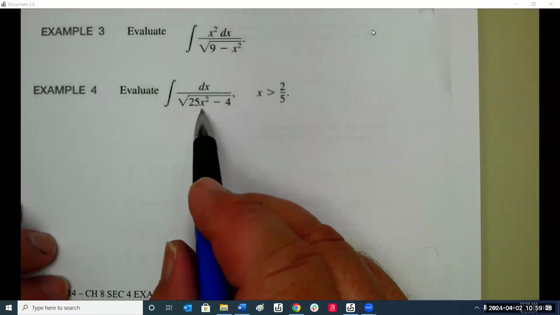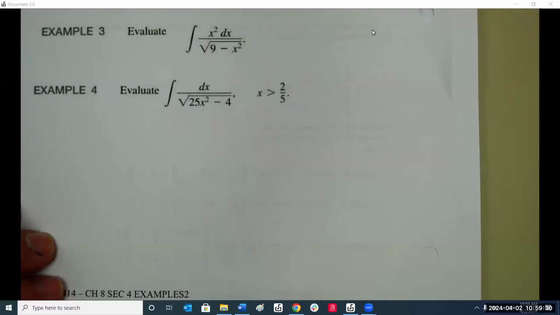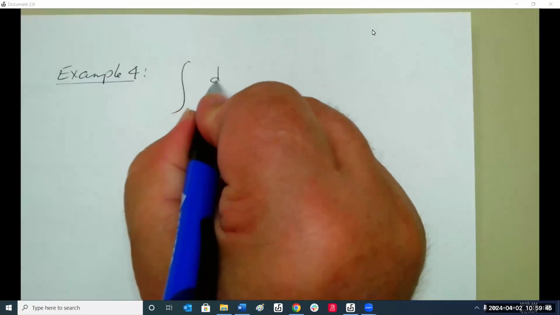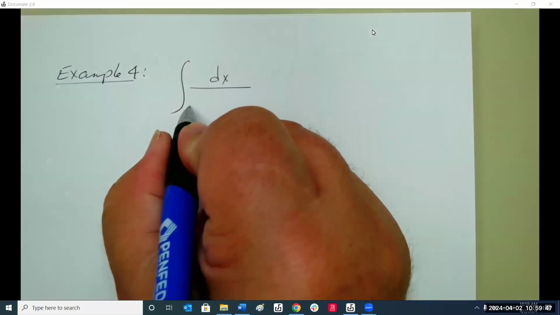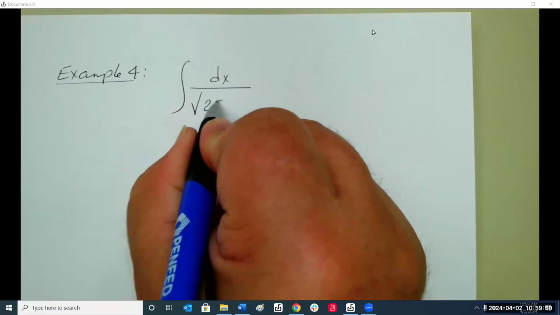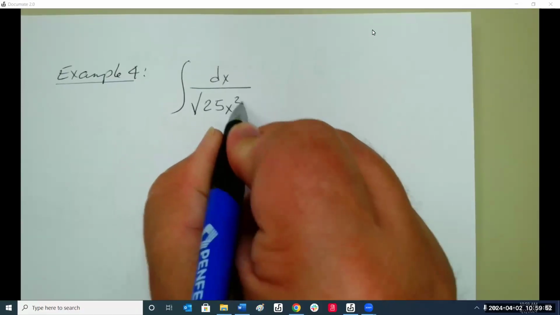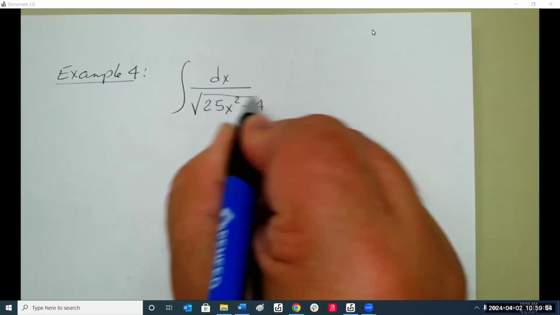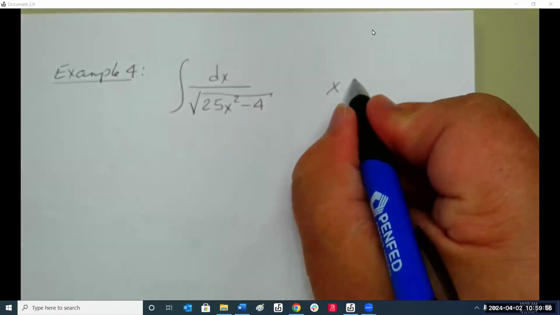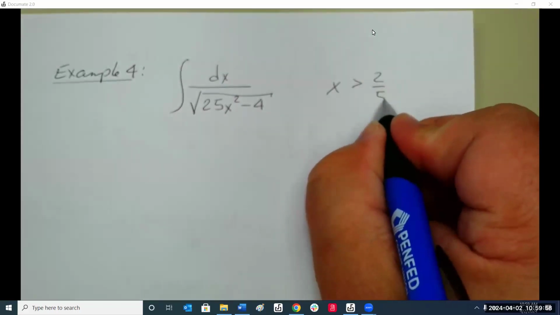Evaluate this one. The integral of dx over square root of 25x squared minus 4, where x is greater than 2/5.